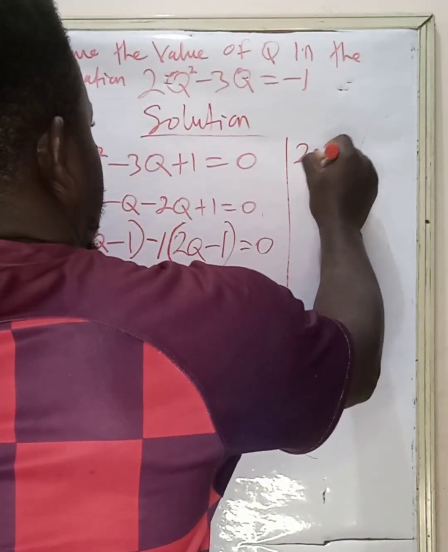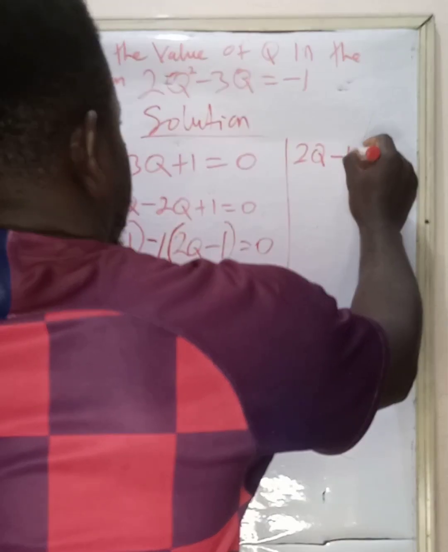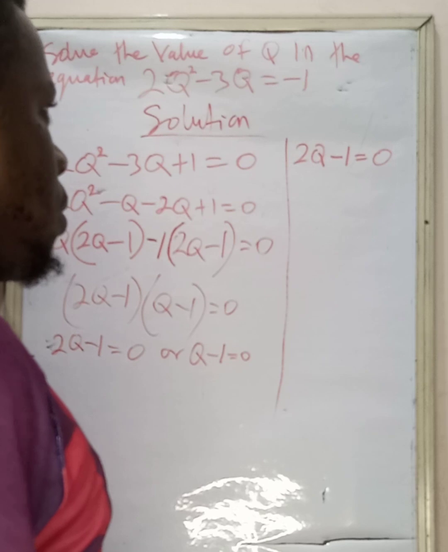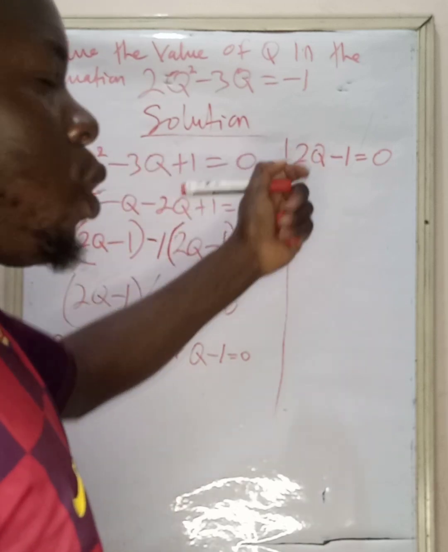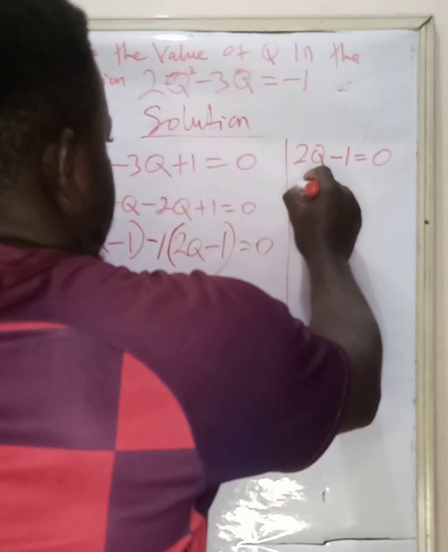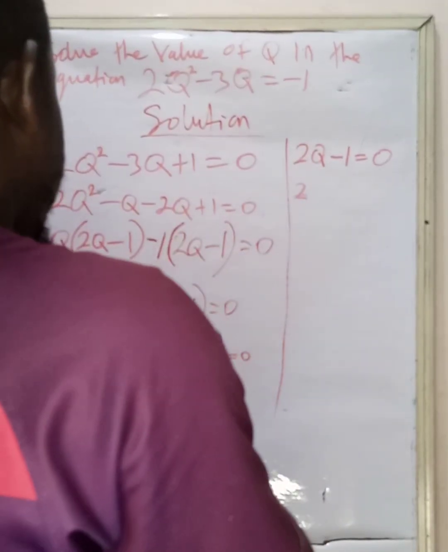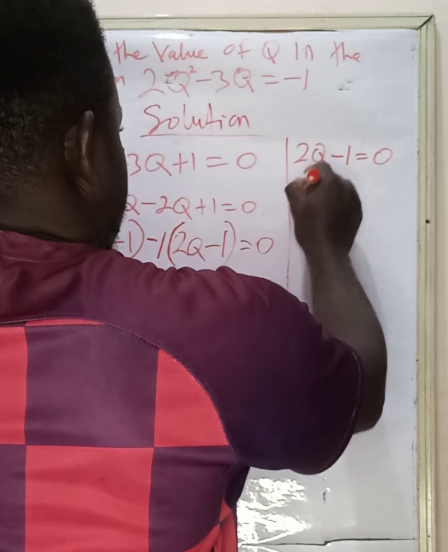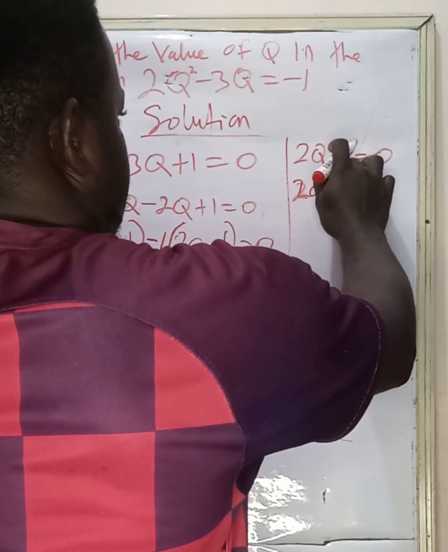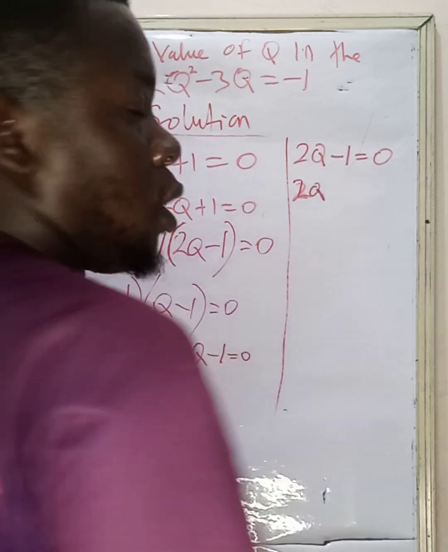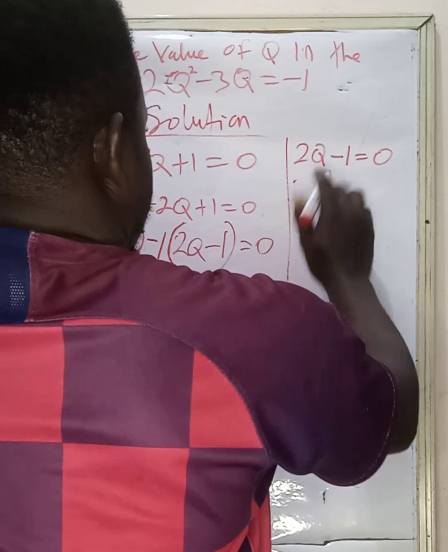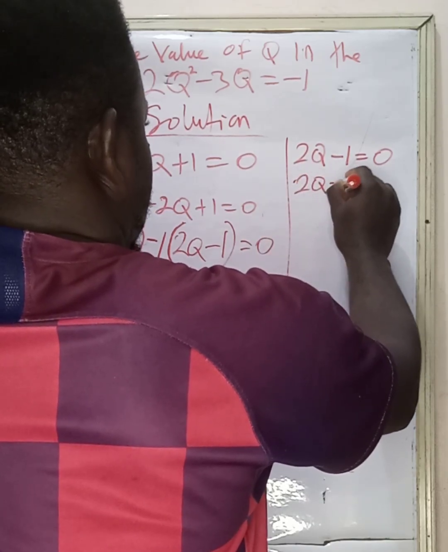So we'll say 2q minus 1 is equal to 0. What are we going to do here? To remove this 2q, multiply both sides by 2. First of all, this minus 1 crosses this equation sign, so 2q is equal to 1.